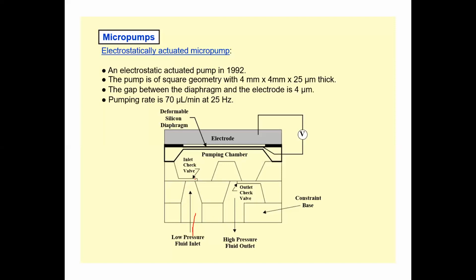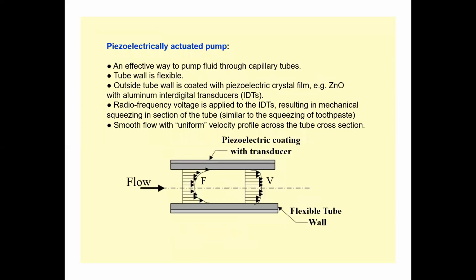This is the one way valve, so that the fluid in the chamber does not go back into this one, right? When it moves up, it opens this, and the chamber is filled. When the voltage is removed, it pressurizes that fluid to get out of this valve, and when fluid is coming out, this valve will be closed. So this is how the electrostatically actuated micropump works.